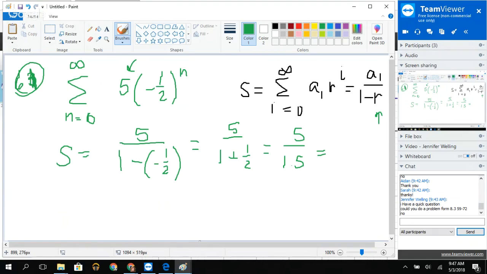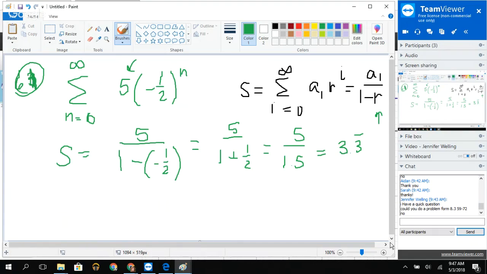And when you multiply that out, you get 3.3 repeating. So if I add up all of my terms, I'm going to eventually get to 3.333 repeating.